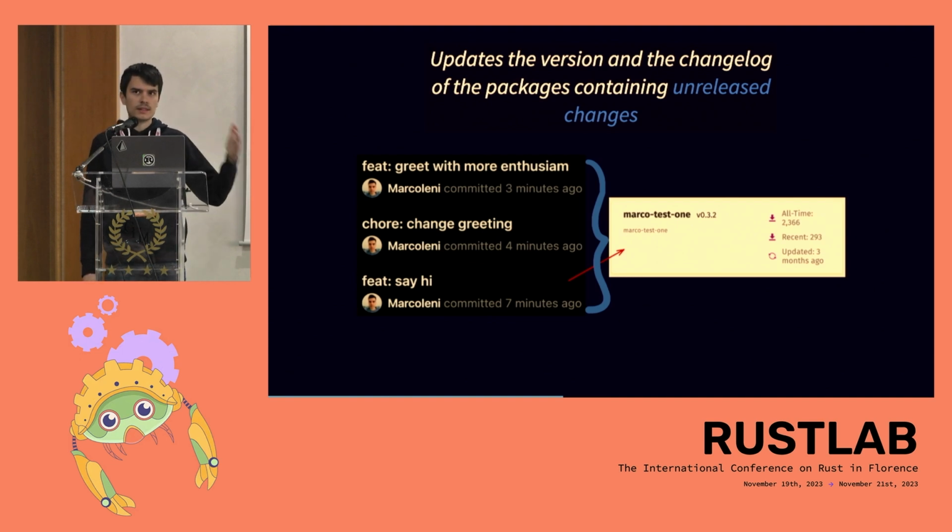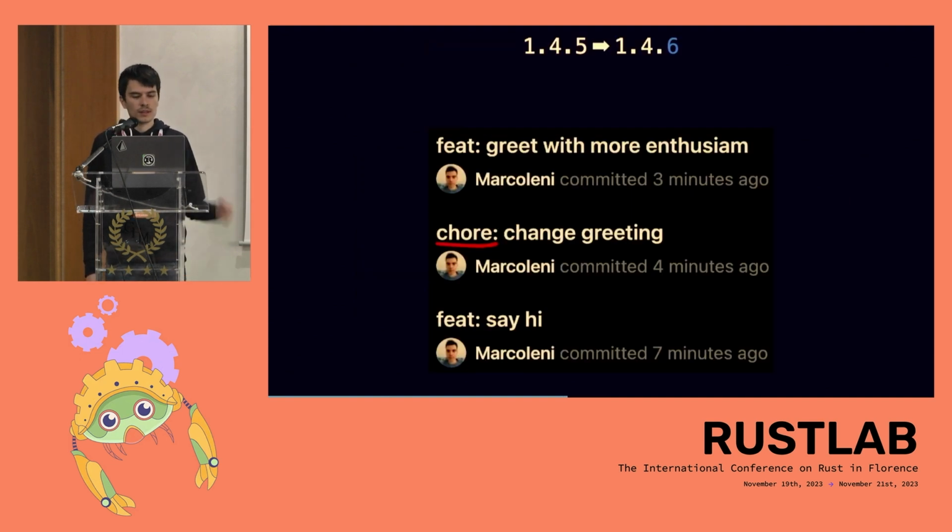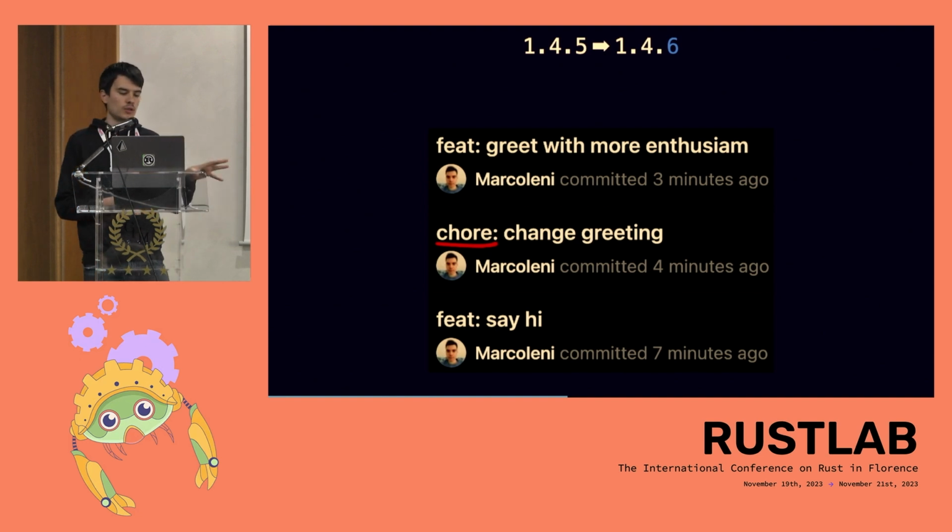Once Release-plz identifies the commits that you want to release, it analyzes the commit messages to check for conventional commits. If you have only chores, it updates the patch version.